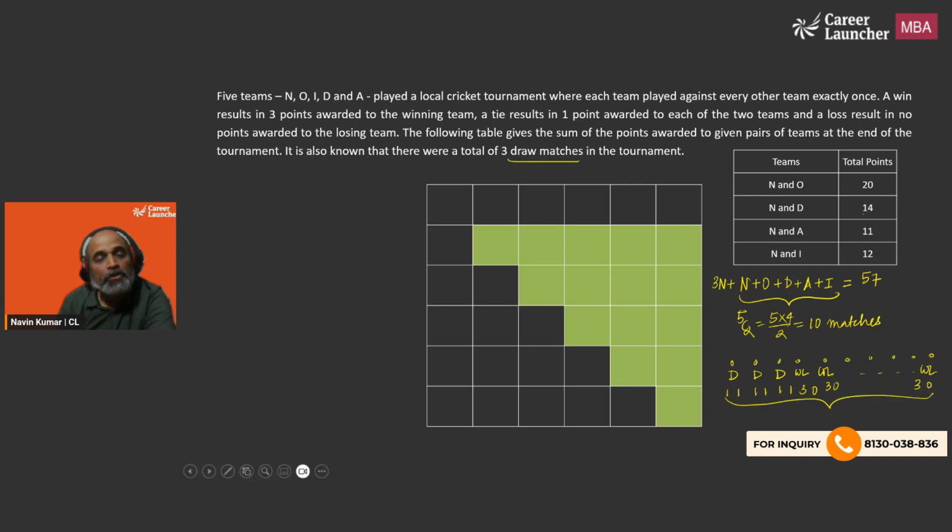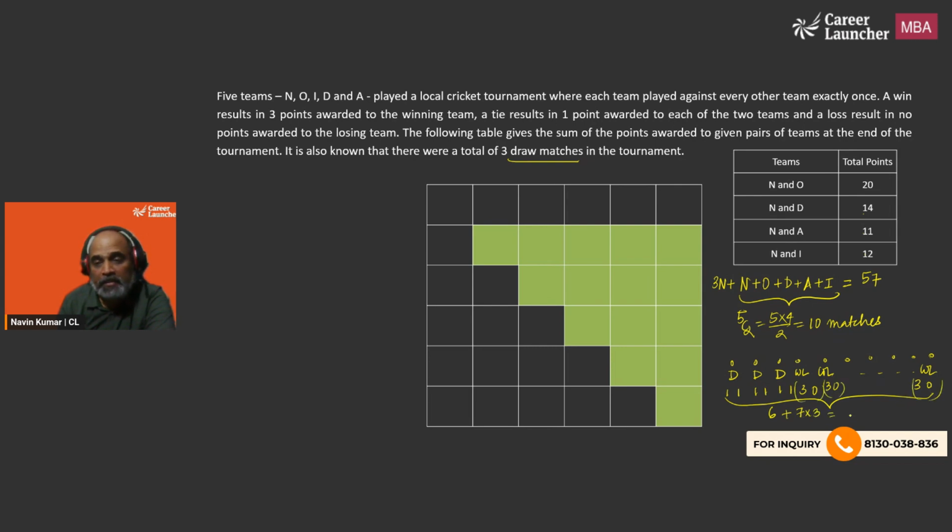So if you count the total number of points awarded to all these teams, the draws will result in 6. Because there are 7 matches left out of 10, each of those 7 matches ends in a win-loss result, so the total points from each match is 3. So from 7 matches, it's going to be 21.